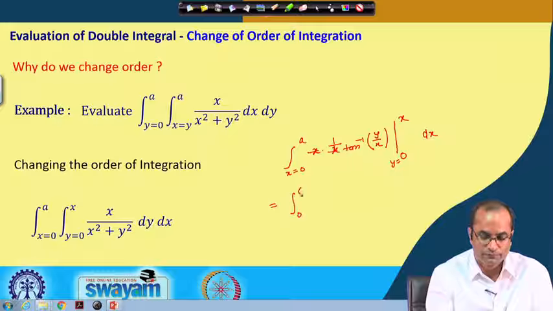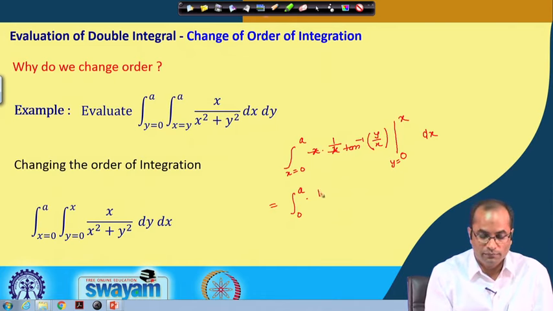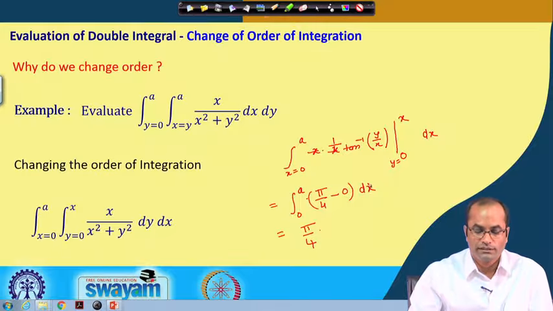So, with the upper limit, tan inverse 1 will be pi by 4, minus tan inverse 0, which will be 0, and then dx. So, what do we have here? Pi by 4, and then the integral from 0 to a of dx will be just x, and the upper limit will give us a.